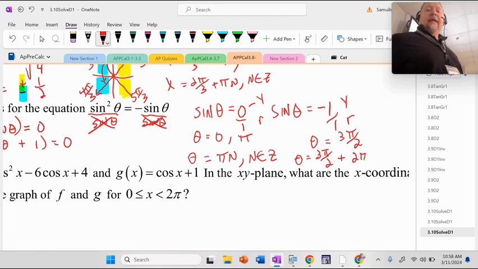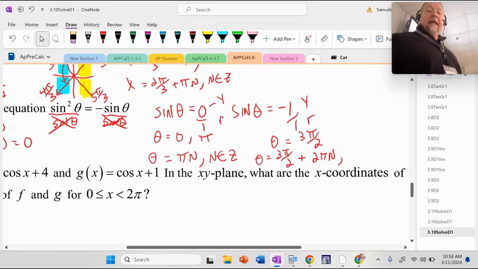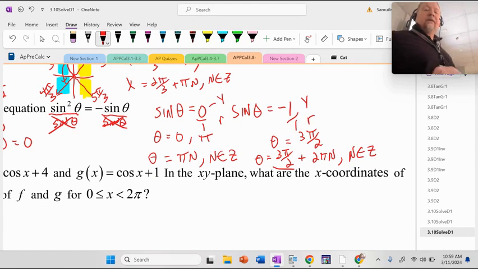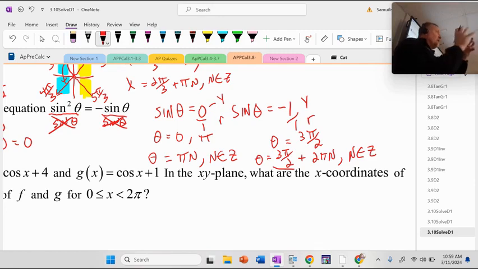If I plug in negative 1, you get negative pi over 2. So yes, all you need is a starting point and then the 2 pi n to generate the rest of them. There are no hard rules on that. But there are hard rules when it says 0 to pi or 0 to 2 pi. Then you've got to answer with a positive angle within one rotation of the coordinate plane.